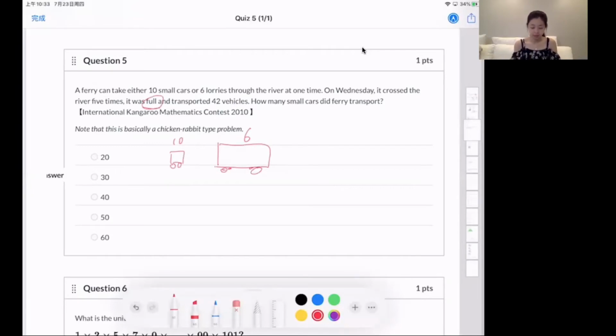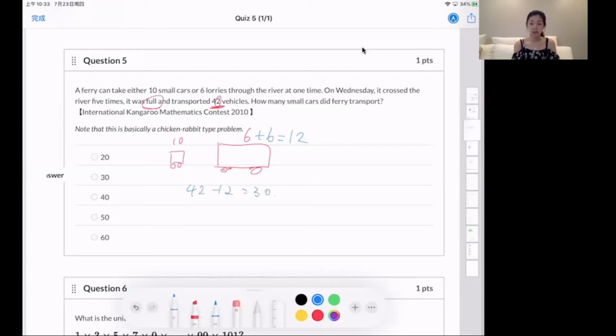Let's see the number 42. Since there is a 2 here, it has to be 6 plus 6, at least 2 sixes here, so we can get a unit digit of 2. So we use 42 minus 12, it's 30.